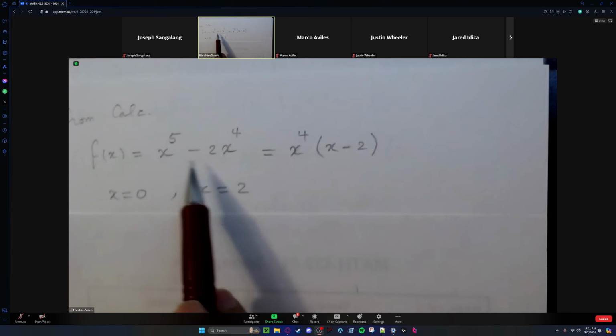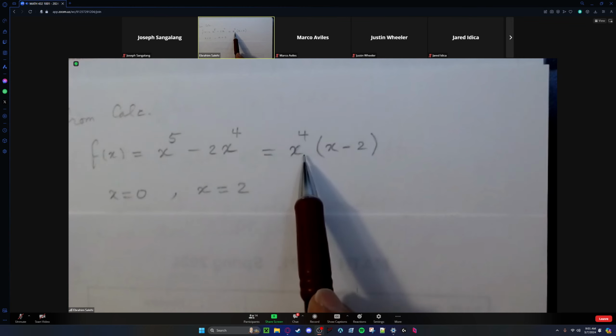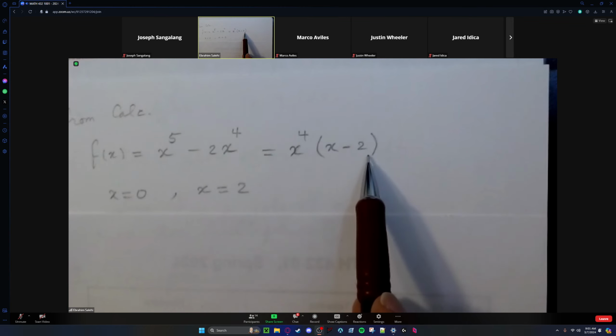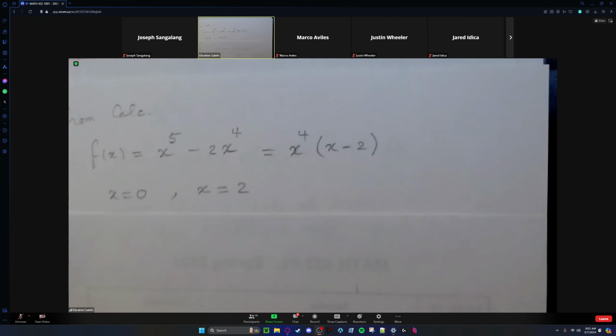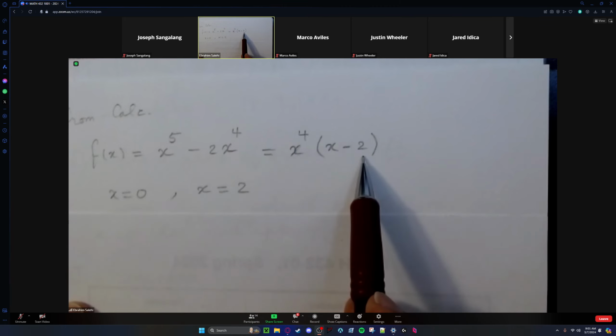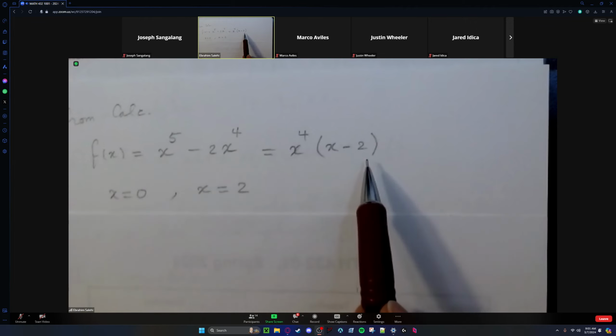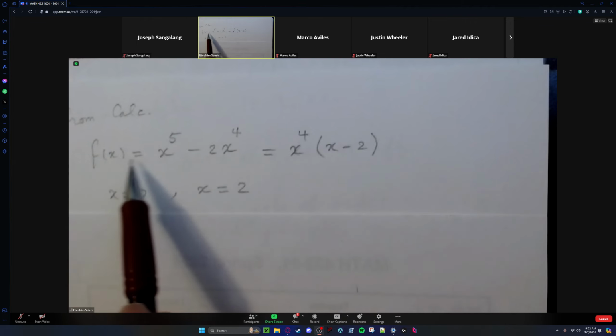You want to find zeros of this function. You do factorization and let it be 0. So a zero of the function is those numbers that when you plug in, you get 0. Okay? If I plug in 0 here, we get 0. If I let x be 2, also I get 0. These are called zeros of this function.